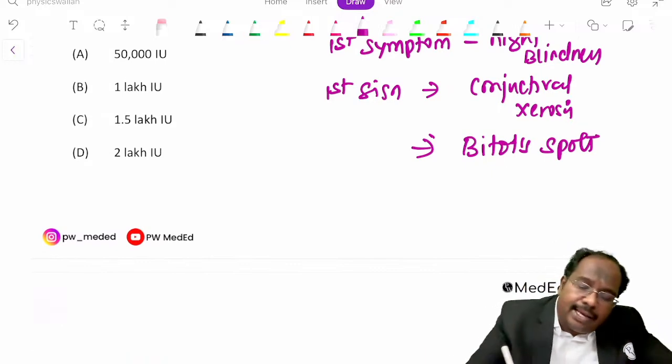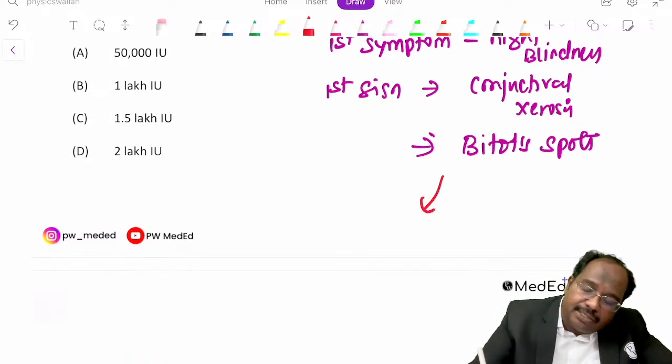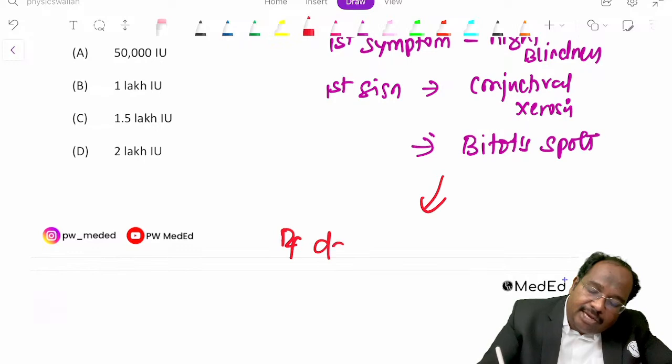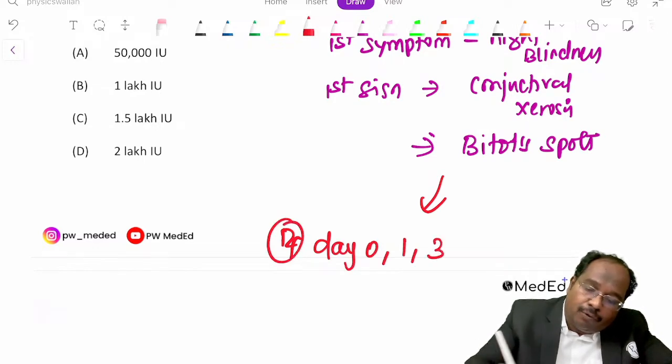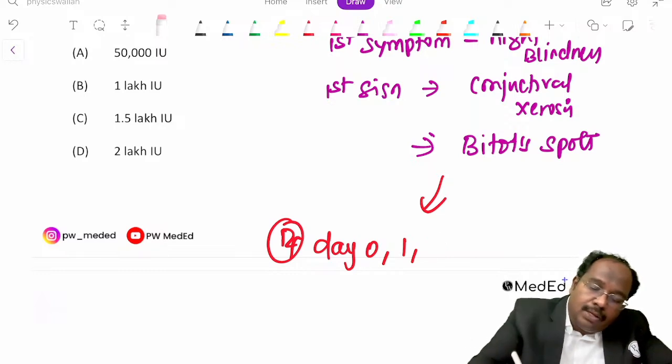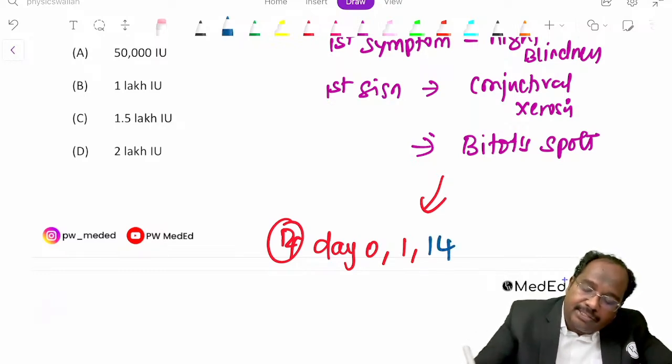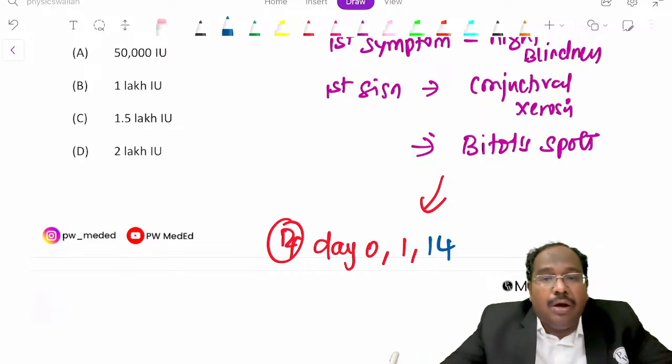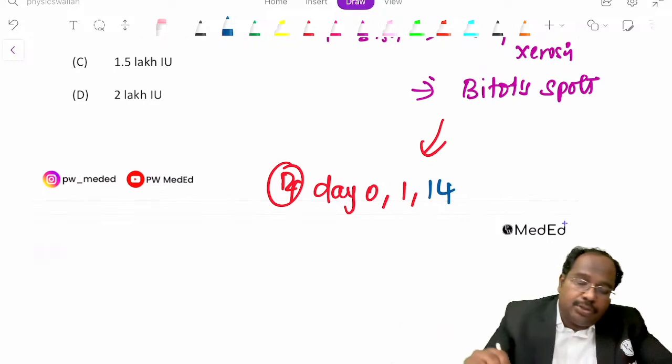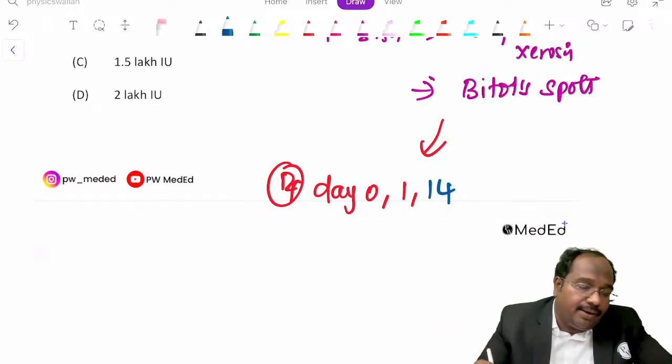If you see any case of vitamin A deficiency, treatment is 3 doses, on day 0, day 1 and day 14. How much has to be given?